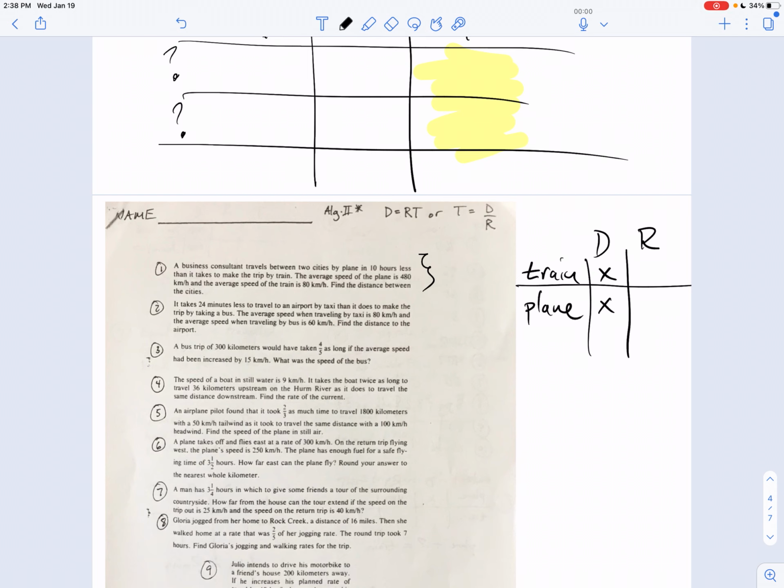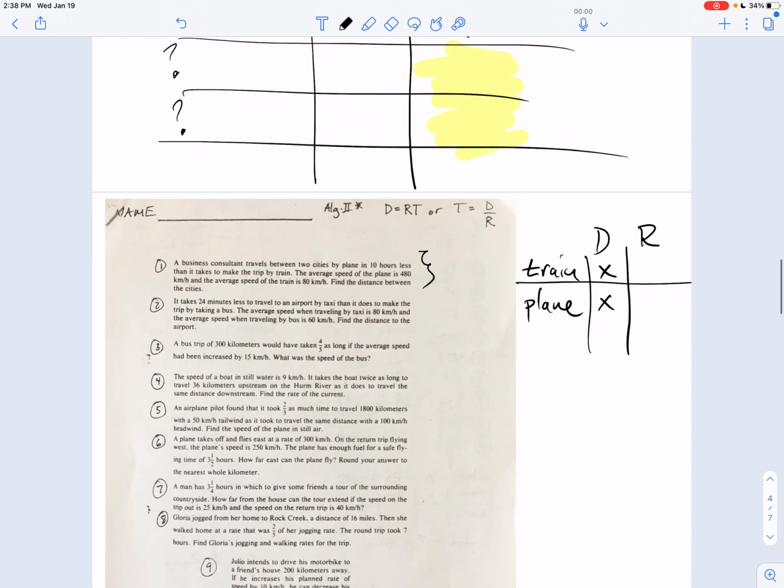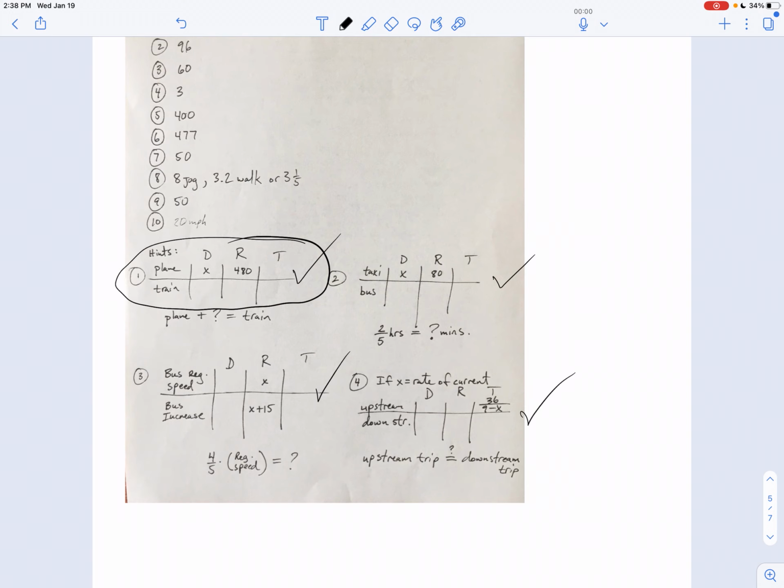Now, it says the average speed of the plane is 480, the average... Okay, so here's what I'm trying to show you. Look, here's how my hints work out. Look at this hint. If you don't know where to start, that's what I did to kick you in the right direction.